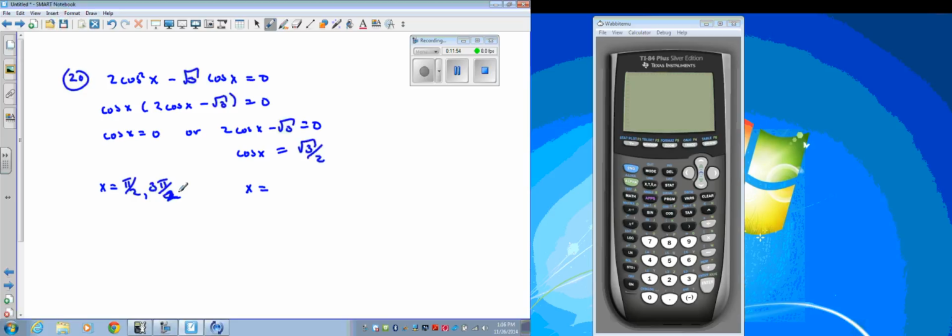Where's the first one? Where do you get the square root of 3 over 2 the first time when you go around the unit circle? Pi over 6. Okay, pi over 6, right? And then the other one is where? 11 pi over 6. Right?